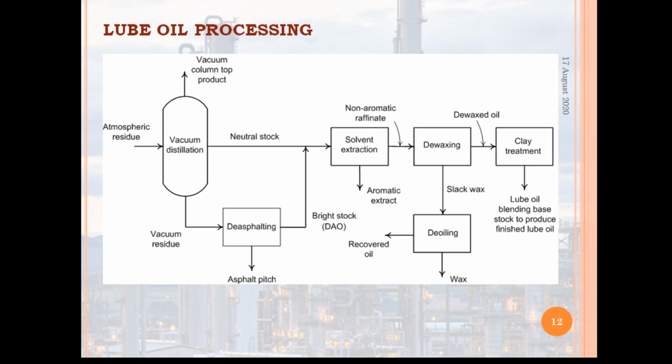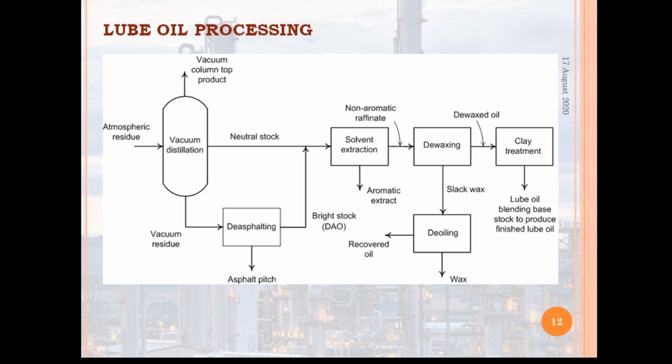In this propane deasphalting unit, the propane and the asphaltenes are separated. After that, we need to separate the solvent using solvent extraction, where the aromatics and the non-aromatic raffinates are extracted. Then after solvent extraction it is solvent dewaxed, and then the tertiary treatment, the clay treatment process.